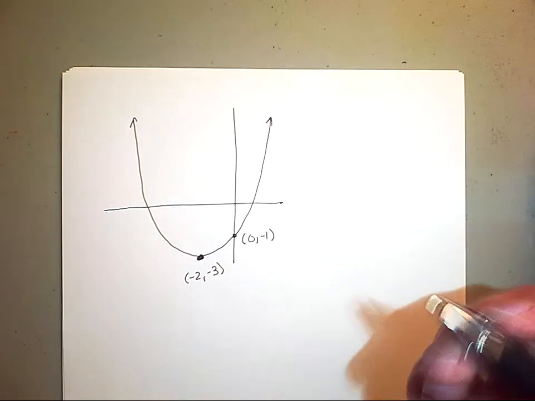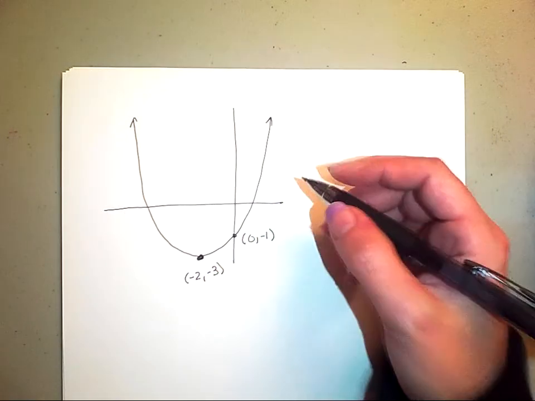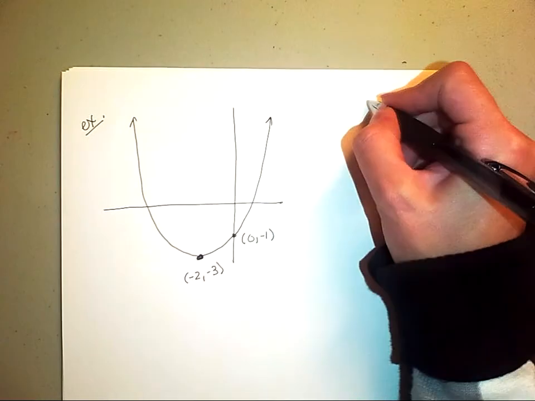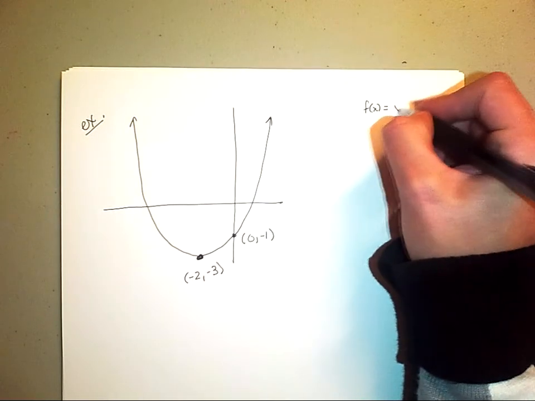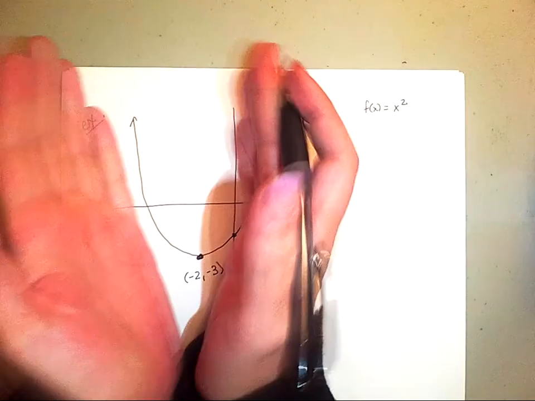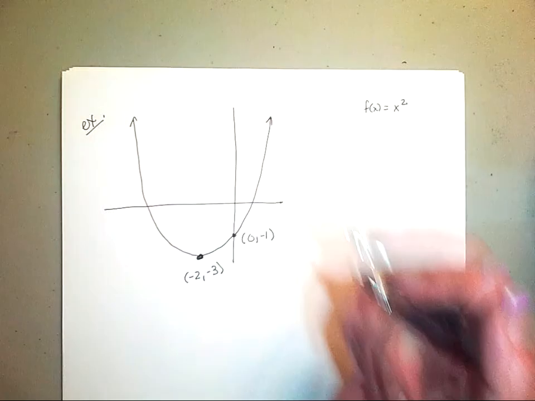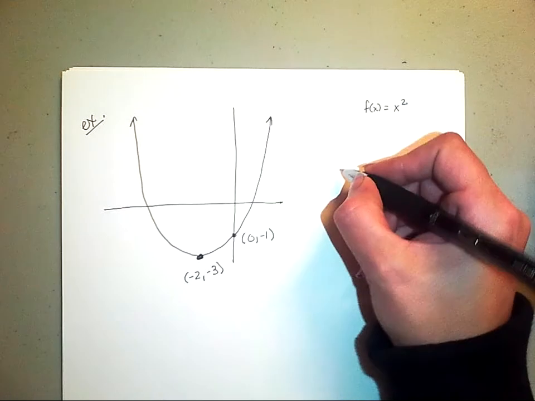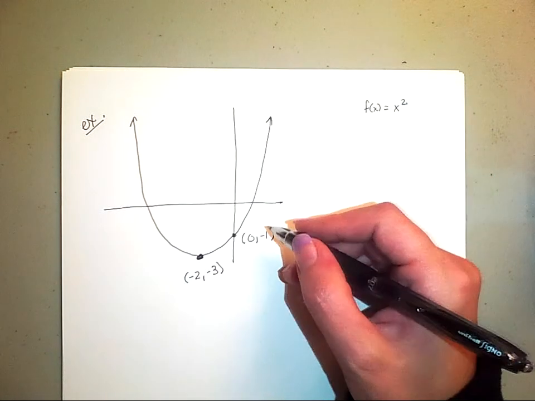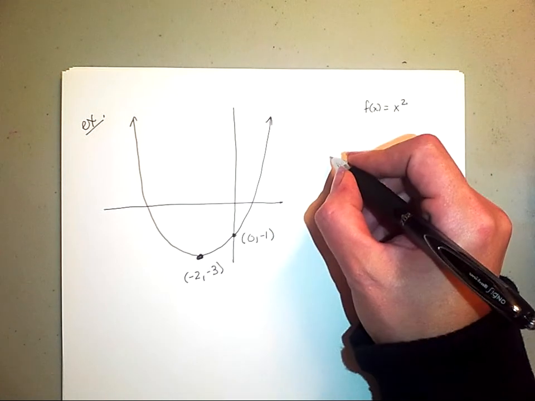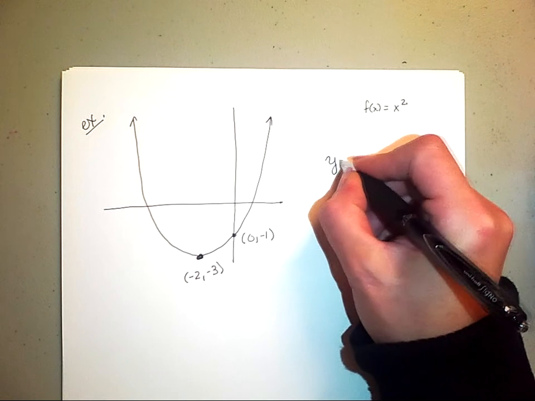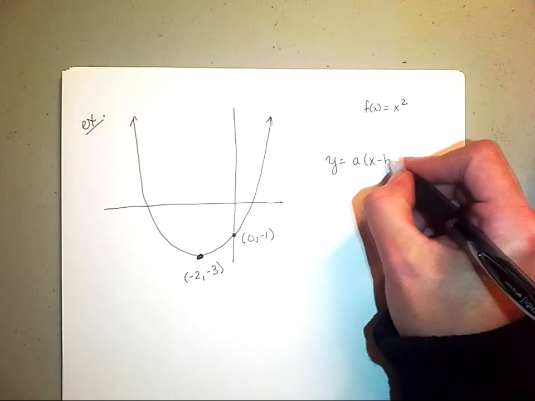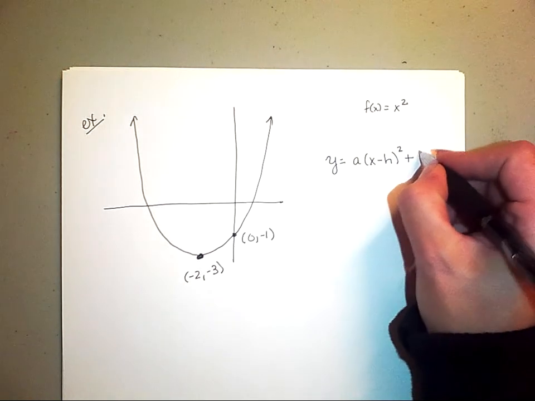Okay. Now this is some translation and variation of our basic parent function f of x is equal to x squared. Okay. But it could be wider, it could be thinner. We don't know. If it was exactly the same, then a would be equal to 1. So let's see if we can write the equation for this. So using the vertex form, y has to be equal to a times some x minus h squared plus k.